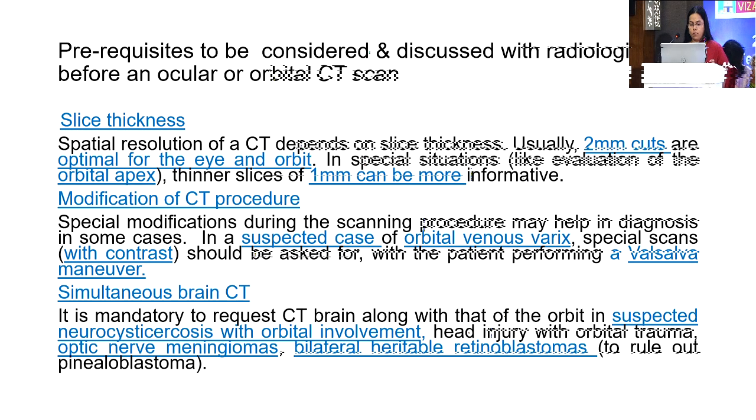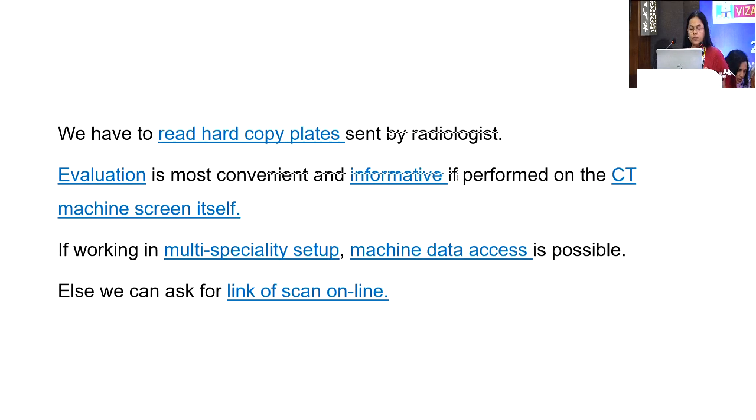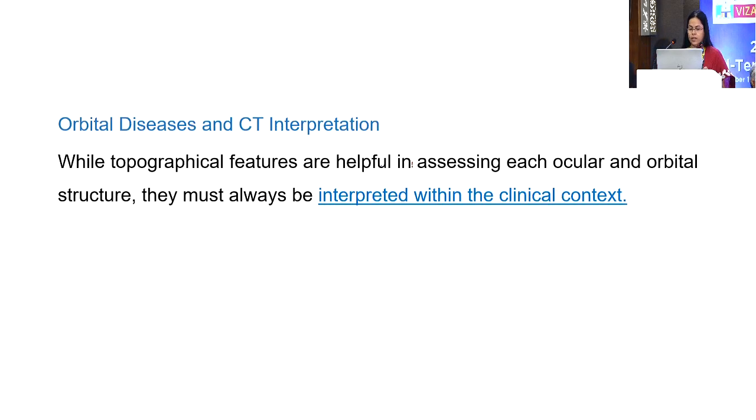Also there are modifications of CT procedures, like Valsalva maneuver in suspected orbital venous varix, and simultaneous CT brain scan, which is needed in cases of suspected neurocysticercosis with orbital involvement, and in other cases like bilateral heritable retinoblastomas. Mostly we are supplied with hard copies, but if needed, we can always ask for a link of the scan online nowadays.